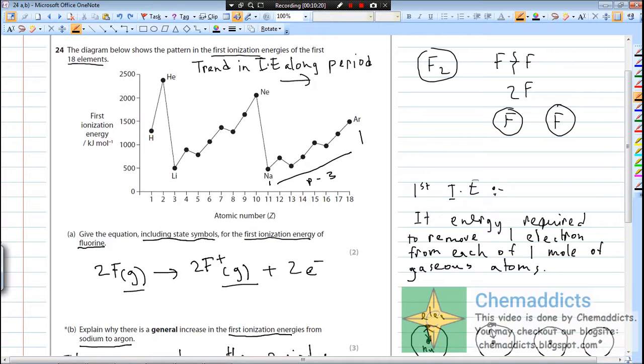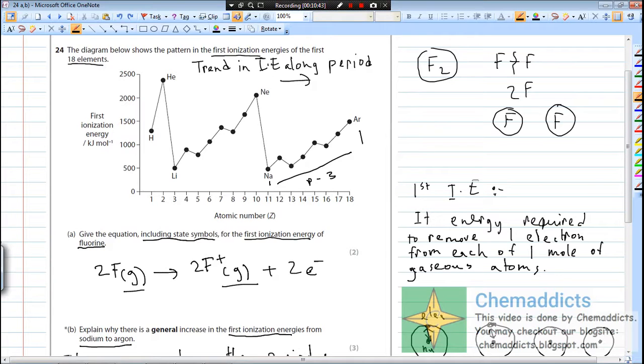We will notice that the total number of shells is 3. No matter what, the total number of shells is 3. So there would be 2 inner shells and 1 outer shell. The total number of electrons in the inner shells is constant, it won't change.